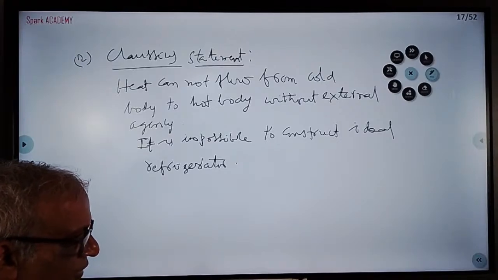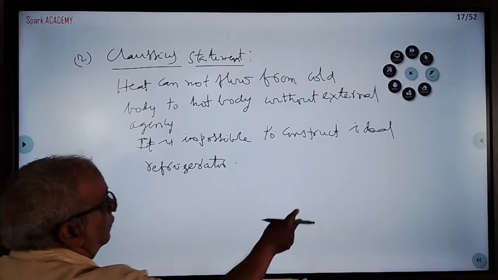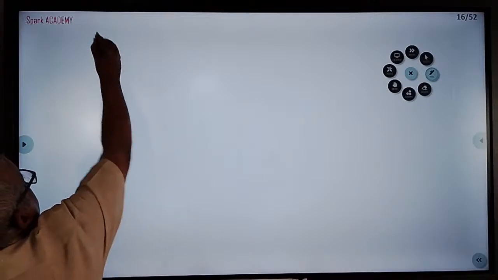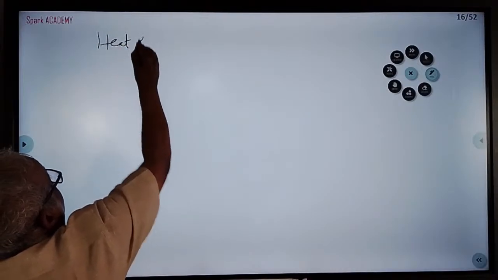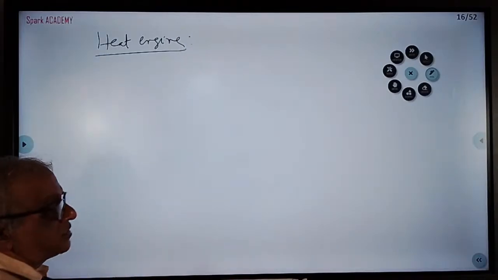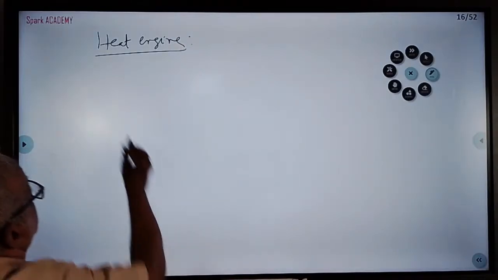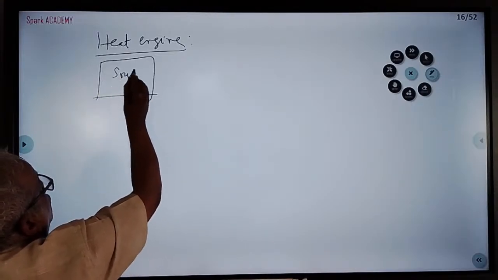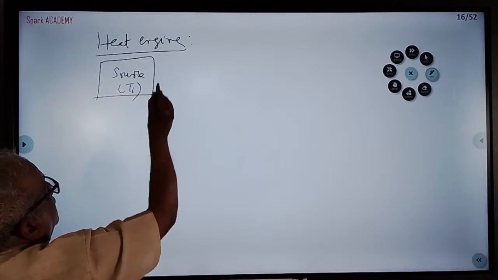Now I am telling what is the difference between heat engine and refrigerator. I am writing heat engine first. What is a heat engine device? A heat engine consists of what parts? There is a hot reservoir, the source, always at higher temperature.